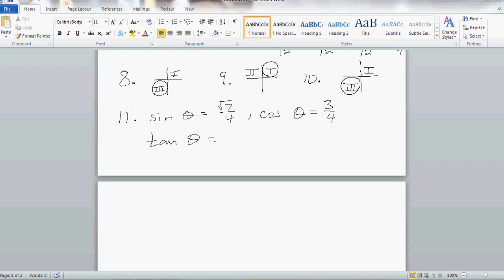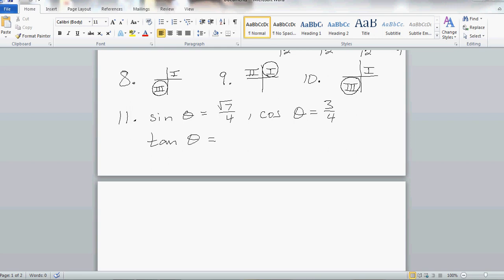The first thing we want to do is determine which quadrant we are talking about. Here we know the sine is positive and cosine is positive. The only quadrant where both are positive is quadrant 1, where everything is positive, so the tangent of theta will be positive.